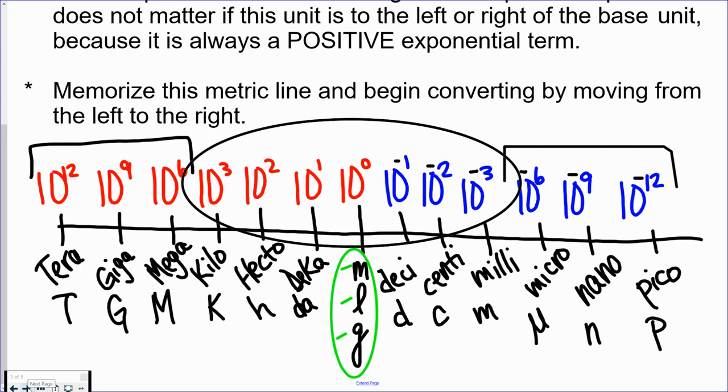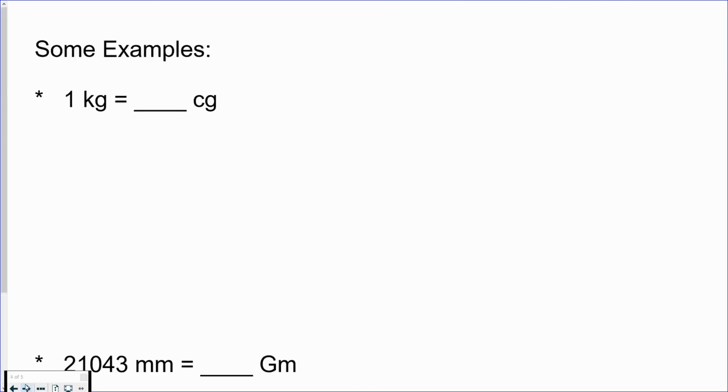So let's run through some sample problems. The first sample problem, we have 1 kilogram and we want to go to centigrams. So what we're going to do is put our given over 1. So 1 kilogram over 1.